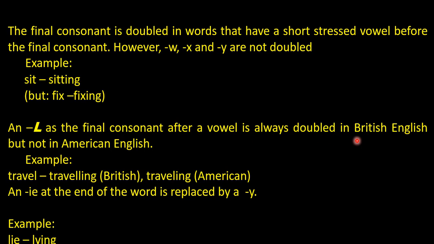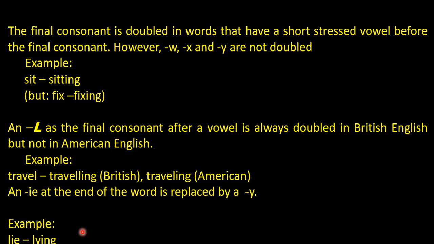Another important point: an L as the final consonant after a vowel is always doubled in British English but not in American English. For example, travel, travelling. In British English, we will add double L plus ing, and in American English, just single L and ing.